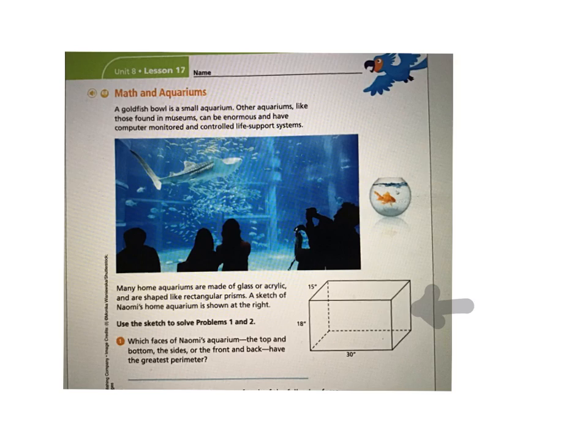If you said the front and back, that would have the greatest perimeter. It's the largest, right? This is the front here, and then the back would be the opposite side of that. That has the greatest perimeter.